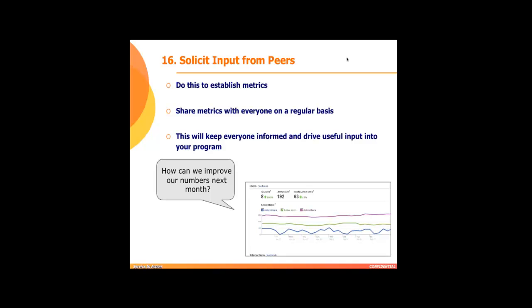Number 16 is I want to solicit input from my peers. I want to let my other channels know how I'm doing. I'm using this to establish metrics. I'm sharing these metrics with other people. And basically what I'm doing is I'm trying to see how can I help the paper catalog? How can I help the self-service channel? How can I do things for people in merchandising?